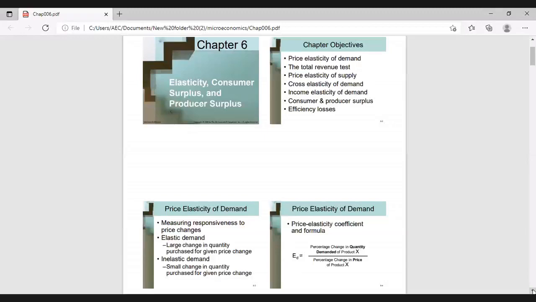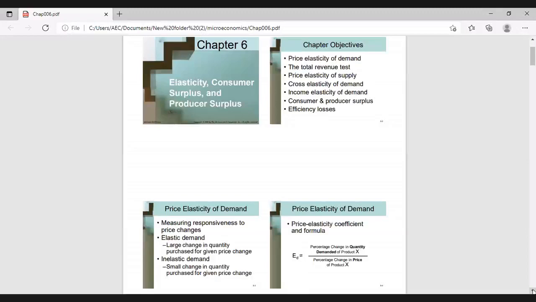So you are measuring percentage, and the percentage should be the same. If you measure in kilograms or grams, the percentage change in quantity is the same. Like that, if you measure price in rupees or cents, the percentage change in the price is the same.